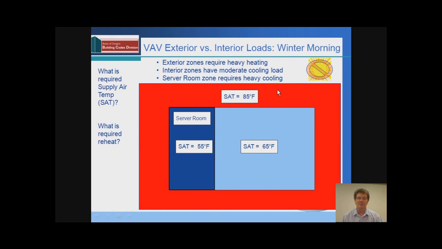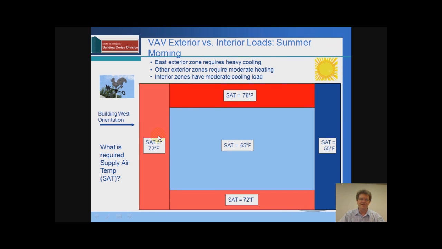At the same time, the perimeter of the building, because of the envelope, is losing heat to the outside and still trying to warm up from being cool overnight, and we're reheating that perimeter area by taking the cool air that we need for the server room and heating it up to provide 85 degrees to try and warm these perimeter spaces up. So the reheat is required in those perimeter red spaces.